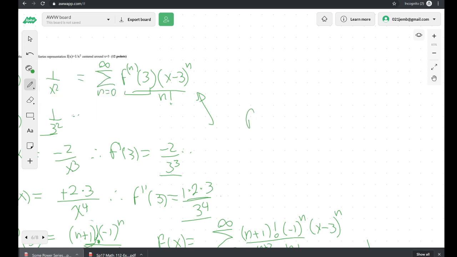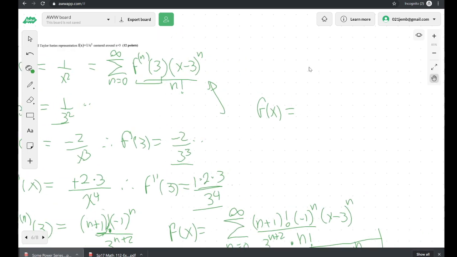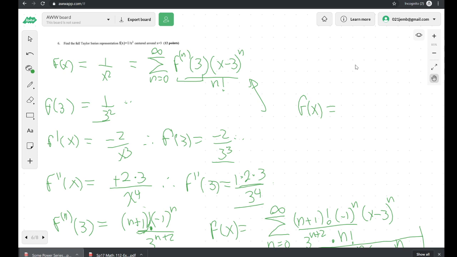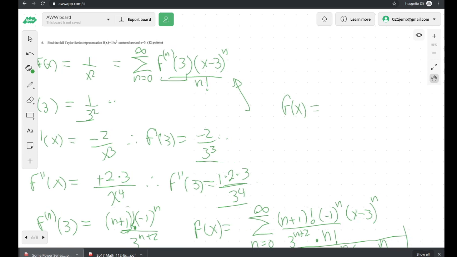So for the first few terms, the zeroth derivative was 1 over x squared, so that's going to be 1 over 3 squared, since we start with n equals 0. Now the first derivative will be negative, so minus 2 over 3 to the power of 3, and we multiply it by x minus 3 to the power of 1.